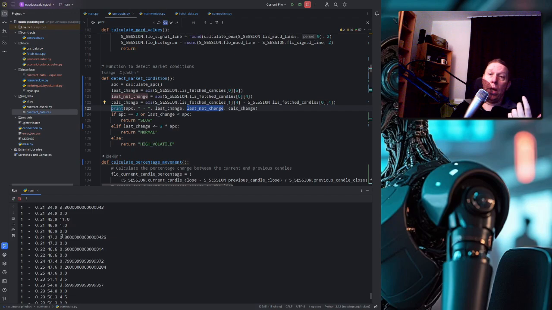And the third one is the calculated change. The calculated change is the function you see right up there, the calculation where I do some math, calculating the latest change in pips from the previous candle with the changes in pips from the latest, the newest candle, and see if I can get some information out of that.